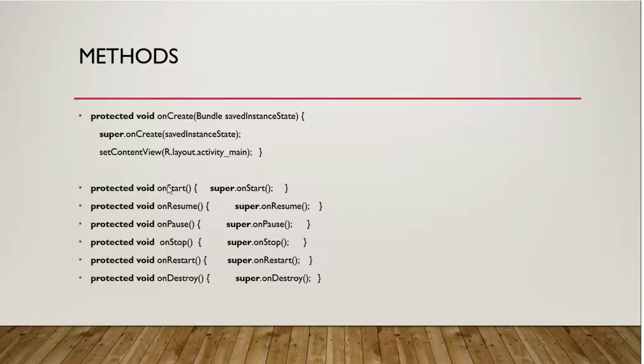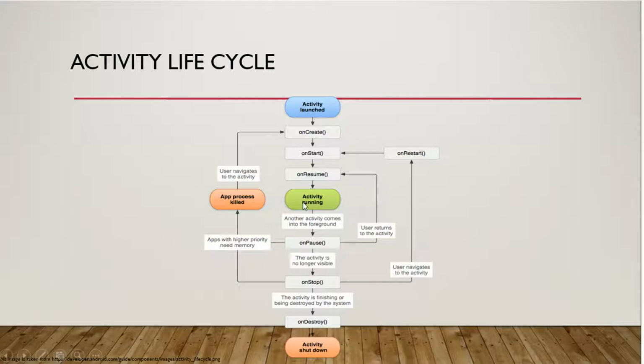The onPause method is used when you are just changing the activity, when you are no longer interacting with the activity. Mean the activity is becoming invisible, so at that time the onPause method is called.